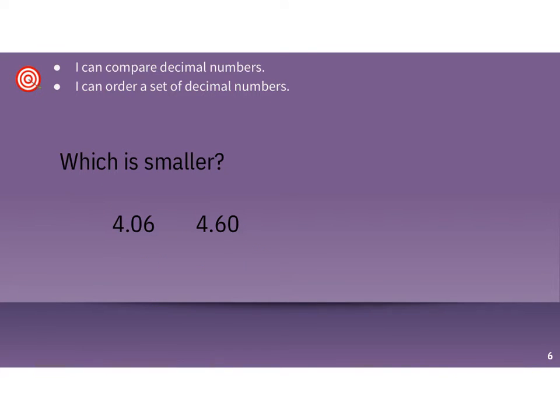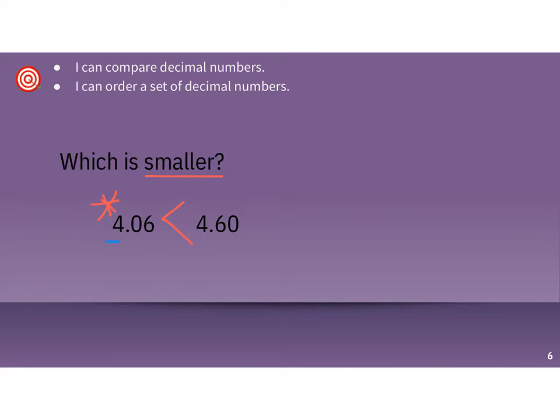How about these? Notice the directions have changed. Which of these is smaller if you were to answer that question? Pause and think. Did you answer that 4 and 6 hundredths is smaller than, or less than, 4 and 60 hundredths?